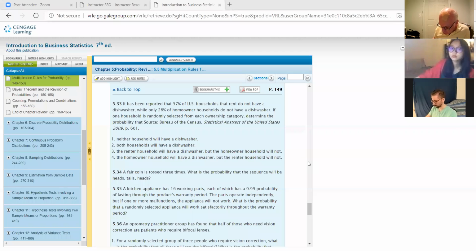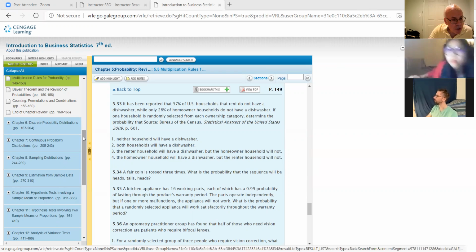So what I'm going to do is go back and find that problem. 5.45, 5.46. We already did the other one in class, the one with the machines. But I want you to try this one to show you the difference in complexity sometimes in these Bayes theorem problems. So go ahead and try 5.45, and then if you think it's easy, try 5.46 and see if you get the answers.